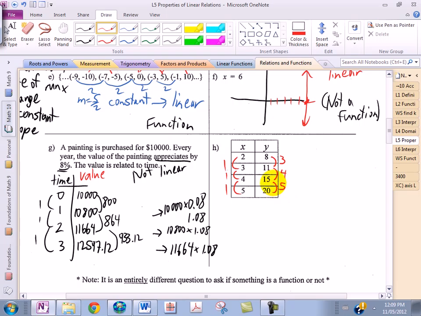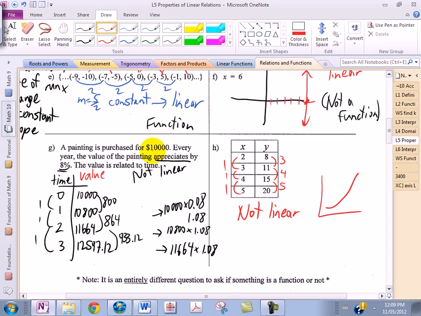So, what would you say? Linear? Really? No, because your rate of change isn't 3/1. It's not 4/1. It's not 5/1. Your rate of change is increasing. Okay, these graphs are the same. This is not linear.